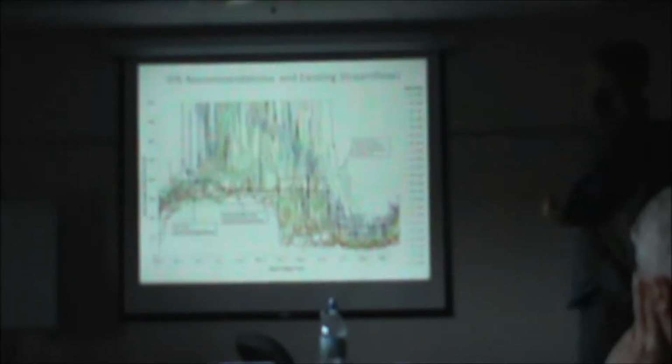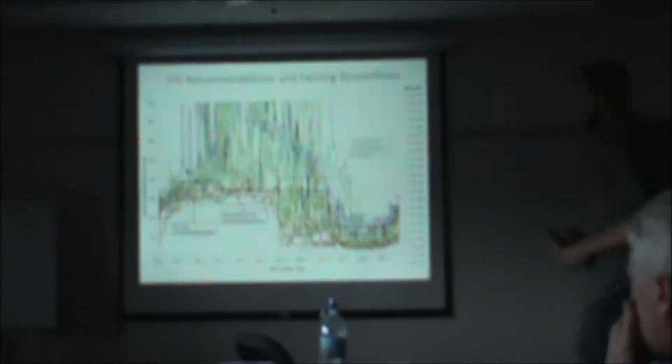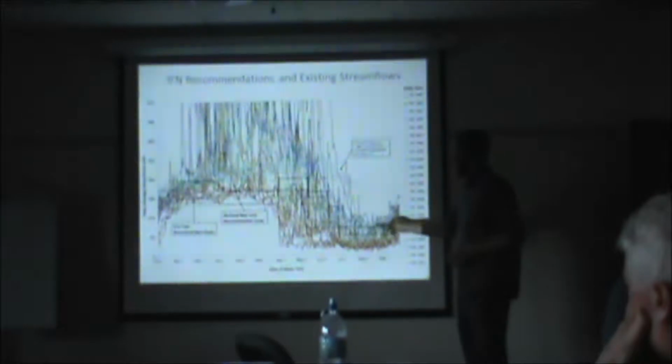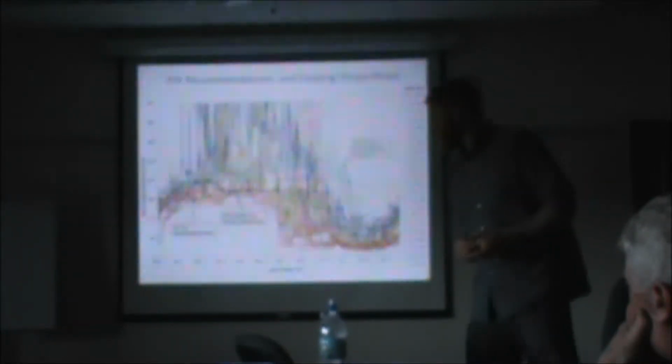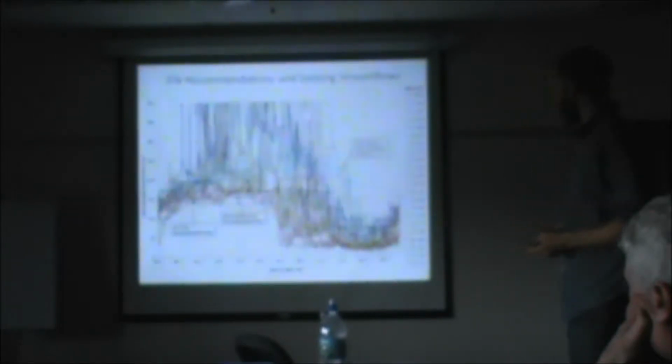So to start my talk at the end, basically, here are the results of our flow study. The black line on the top shows our estimate for in-stream flow needs during a normal wet water year, 60% exceedance. The red line shows our estimates of in-stream flow needs during a dry water year type.